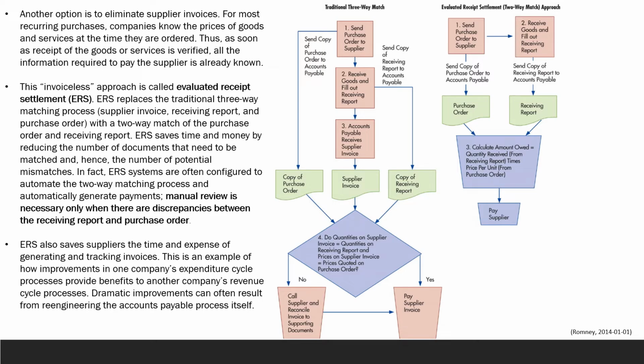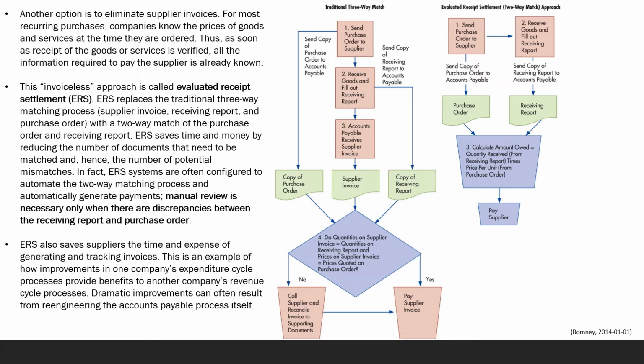For most recurring purchases, companies know the prices of goods and services at the time they are ordered. So as soon as receipt of goods or services is verified, all the information required to pay the supplier is already known, right? This invoiceless approach is called evaluated receipt settlement, ERS.